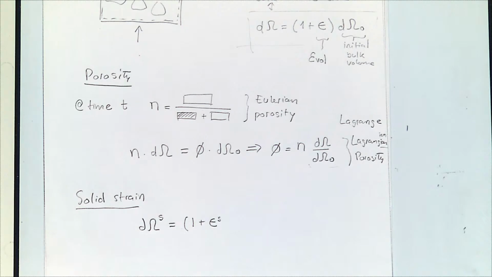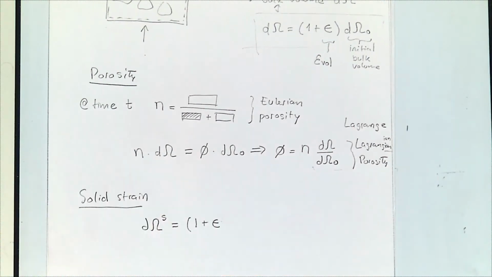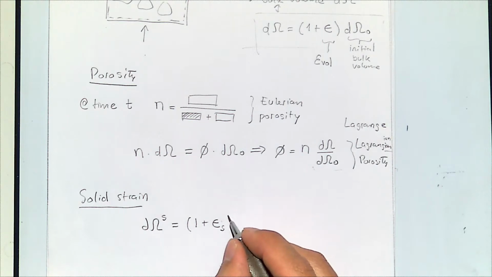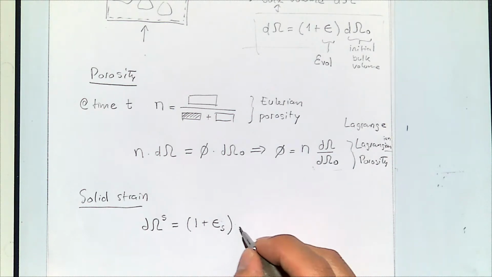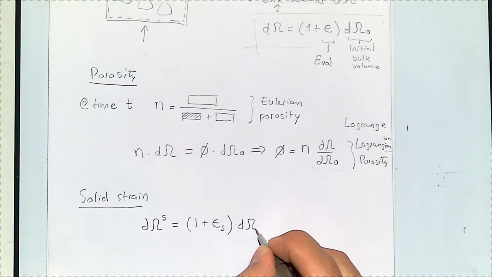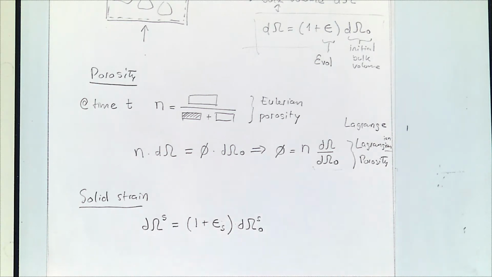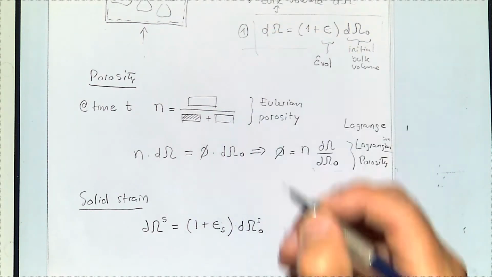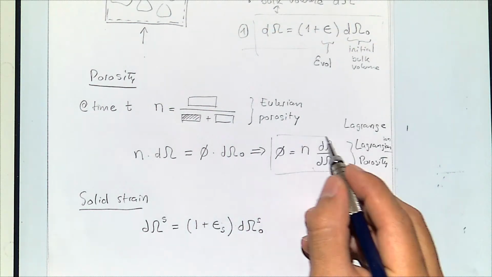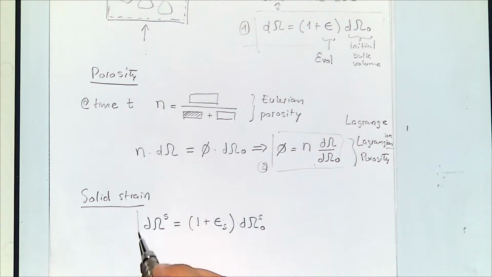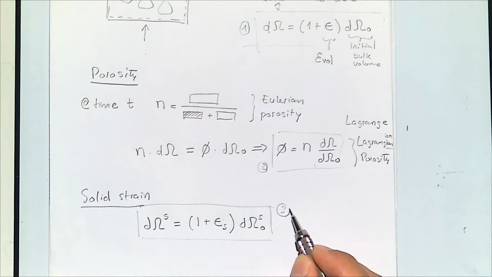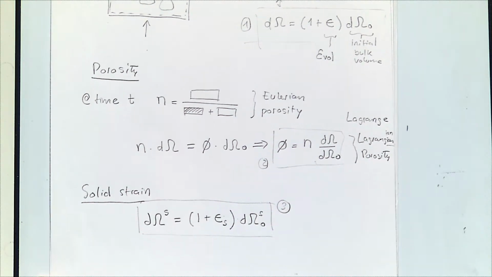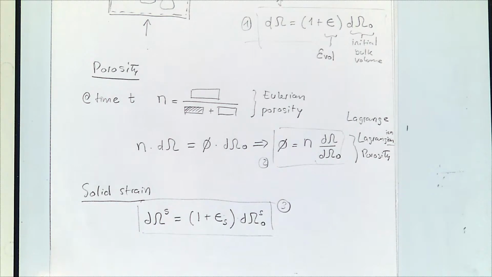Wait a minute. This S, according to the notation of the book, goes down here, plus times the initial volume of the solids. So with equation 1, with equation 2, and with equation 3, we can do some math, which I'm not going to do right now, but you can play with the equations.